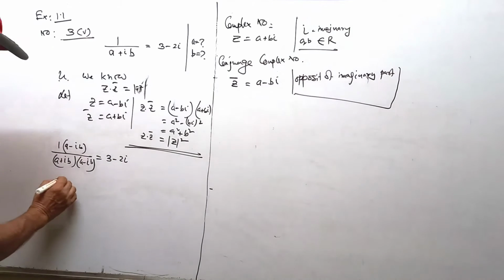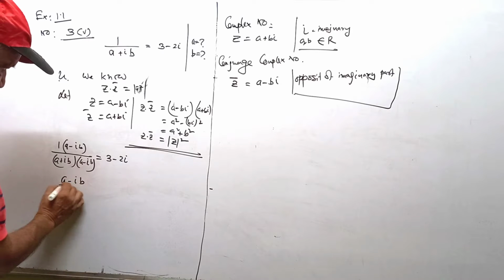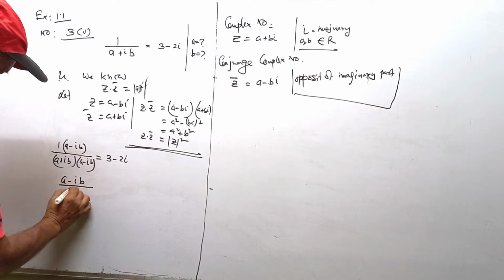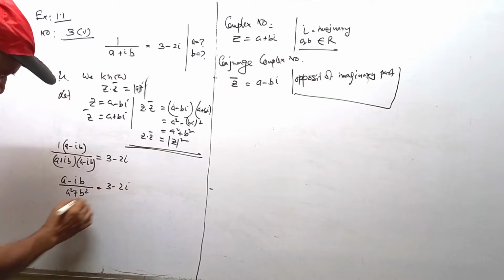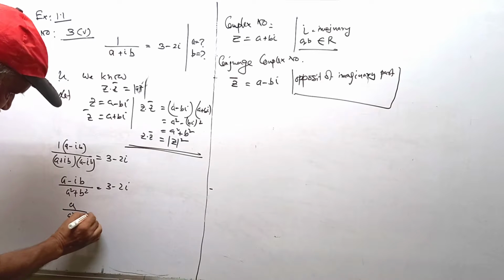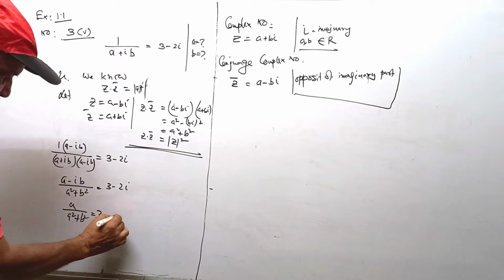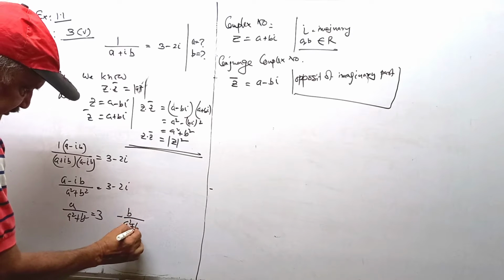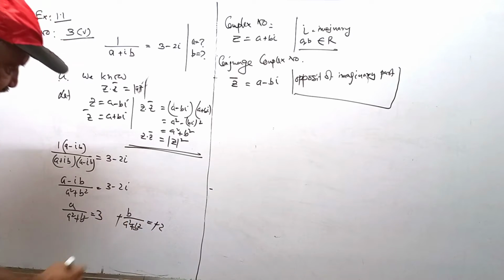Finally, a minus ib over a square plus b square equals 3 minus 2i. Now a by a square plus b square equals 3, and minus b by a square plus b square equals minus 2.